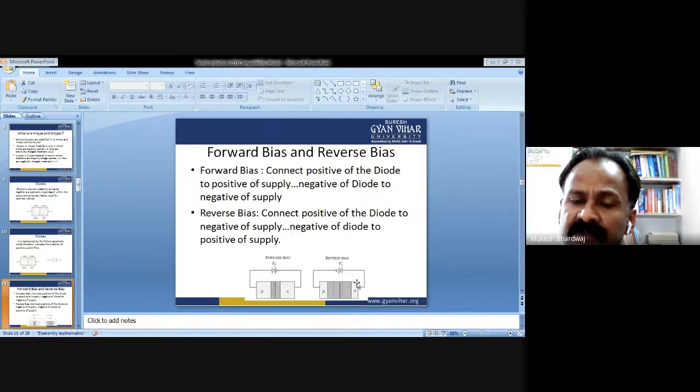In this way, the majority charge carriers do not cross the barrier, the barrier size increases, and the depletion region increases more and more. So we can say that in reverse bias, current will not flow.